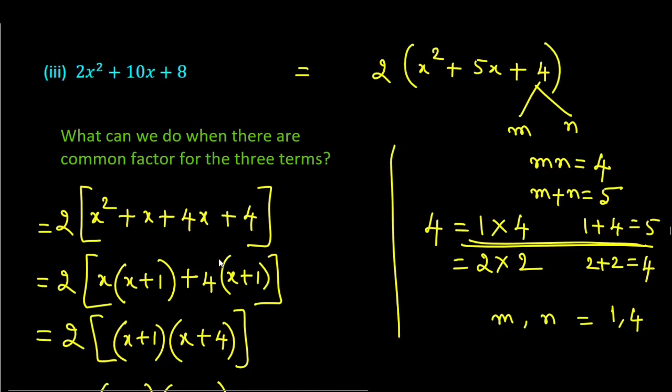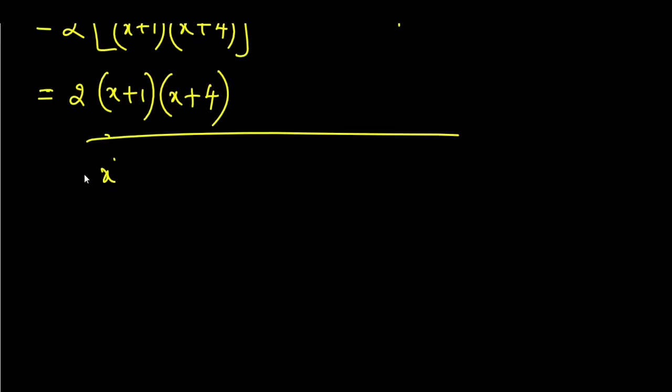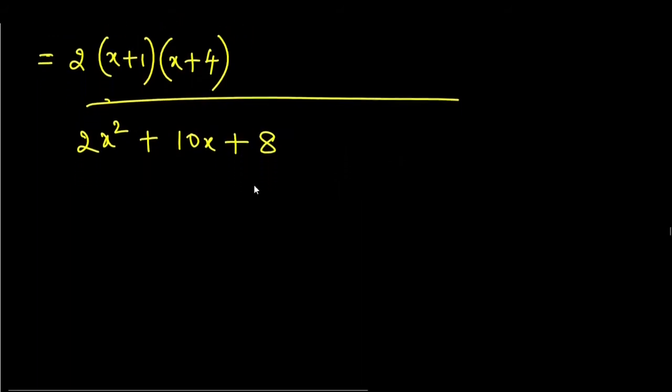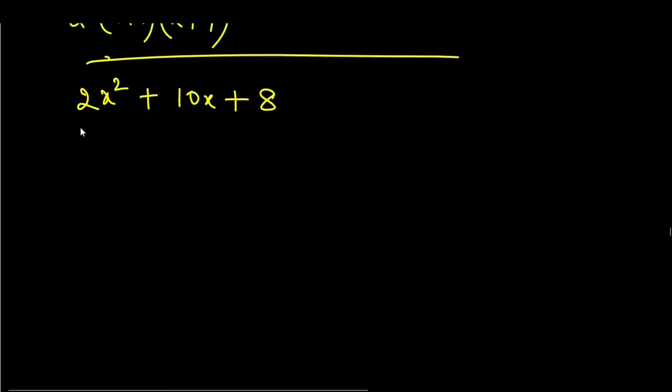Let us do this problem in another way. Without taking 2 as a common factor, we have 2x square plus 10x plus 8. Here a is not equal to 1, a is equal to 2. So we have to take 2 into 8. 2 into 8 is 16.